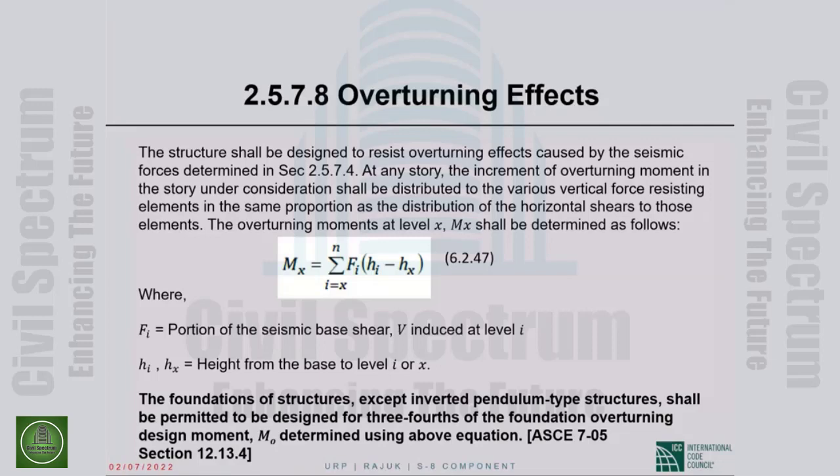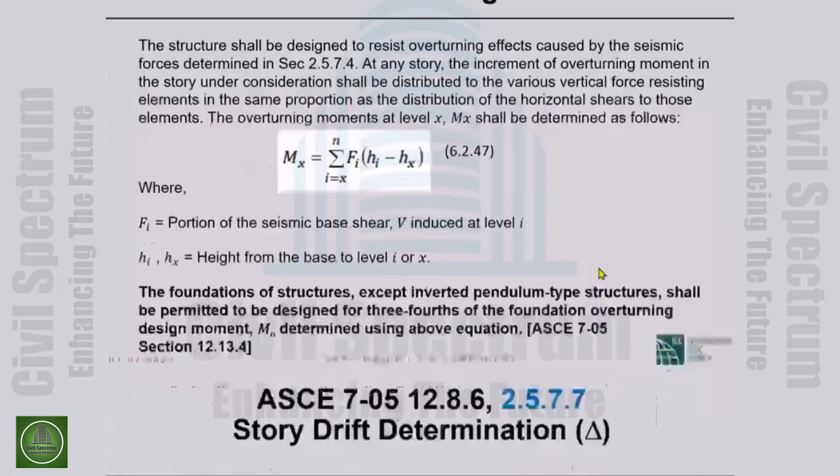So this is a fairly significant break that you get. Foundation design does not have to be for the overturning moment at the base, at the soil foundation interface; you can take a 25% discount on that. And this is in ASCE 7-05 as well, section 12.13.4, this discount for foundation design.